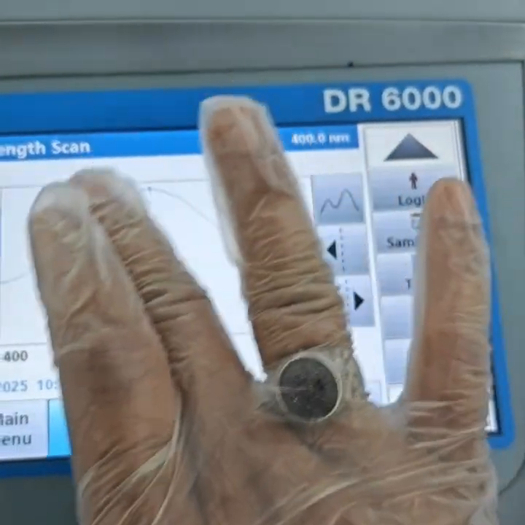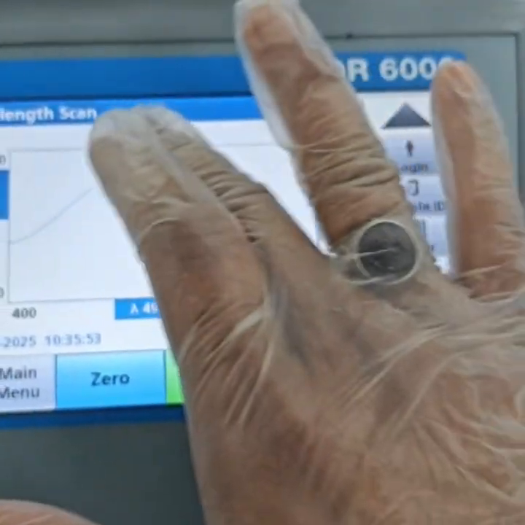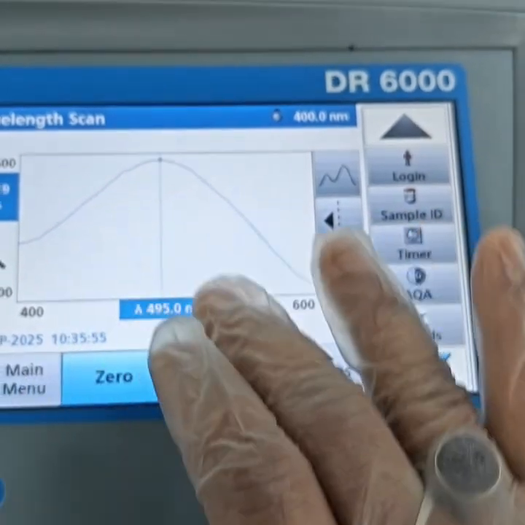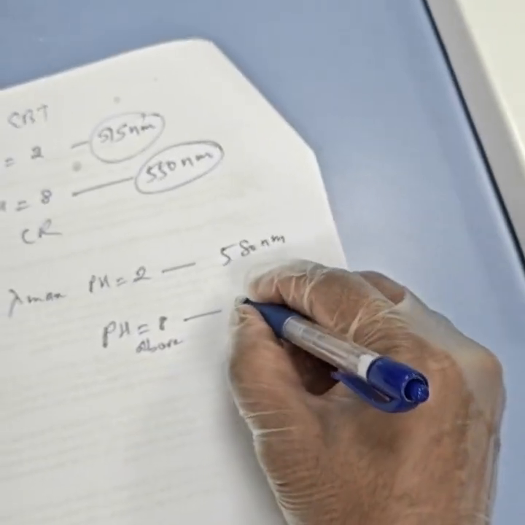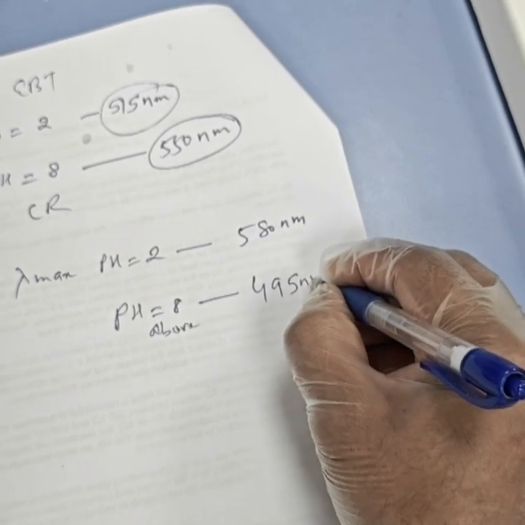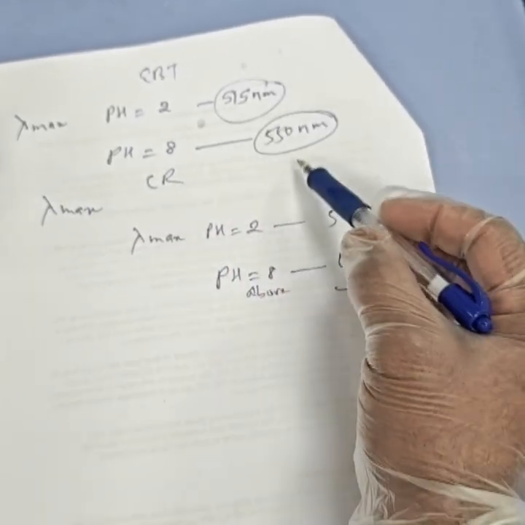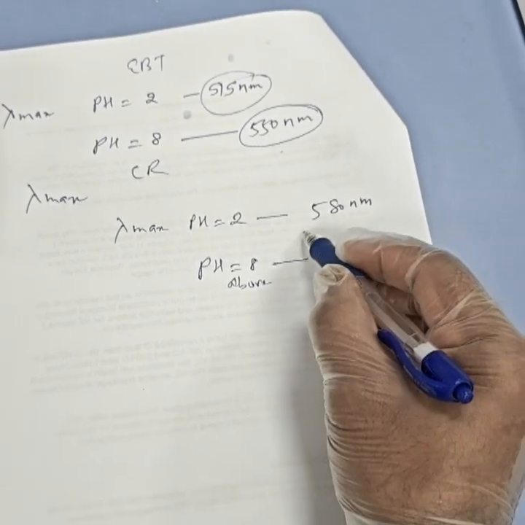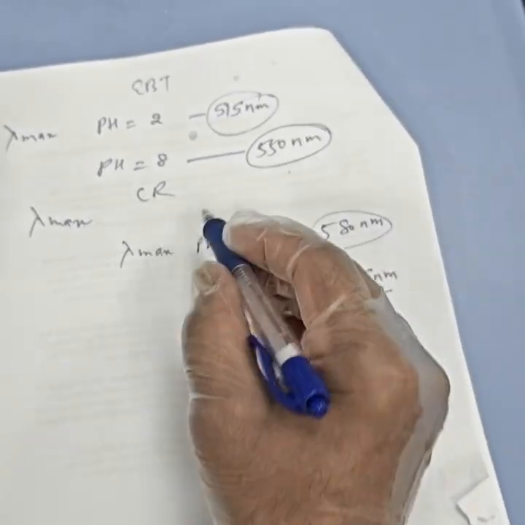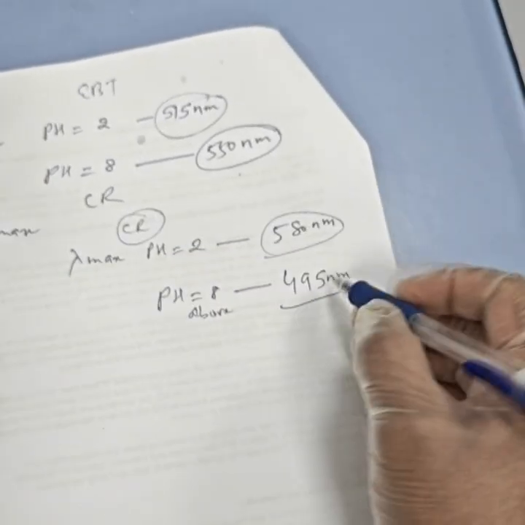Here you can see there is a slight shift. For EBT, the acidic one is 515 and the basic one is 550, and for the Congo red dye the basic one is 580 nanometers and this is 495.